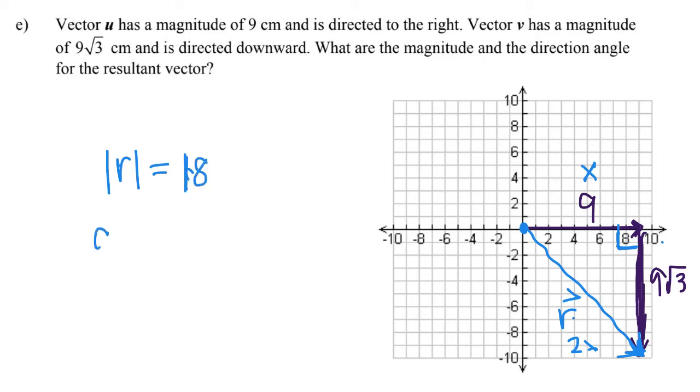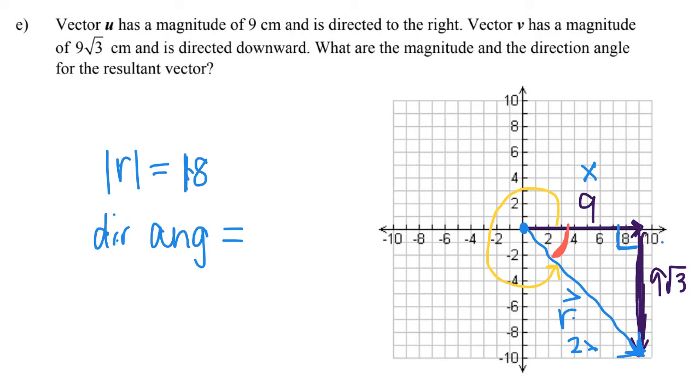Now, as far as the direction angle, let's see if we can reason through it. The real angle that we need is this one all the way around here, but we only have enough information to find this one, so we have to find that one first.